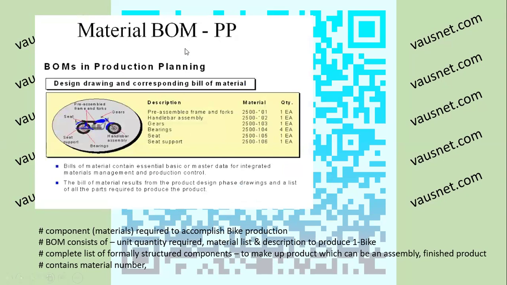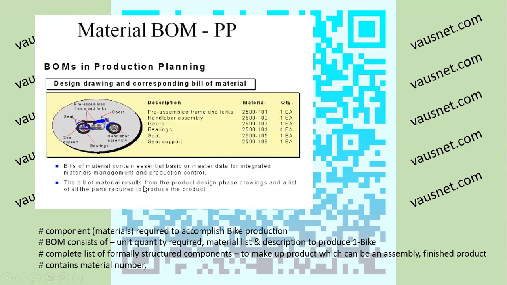So the material bill of material is basically a list of all the materials, and the quantities are mentioned. For example, gears, seat, bearings, seat support, all is mentioned over here, but this is not the process, just a list. It contains essential basic or master data for integrated materials management and production control.